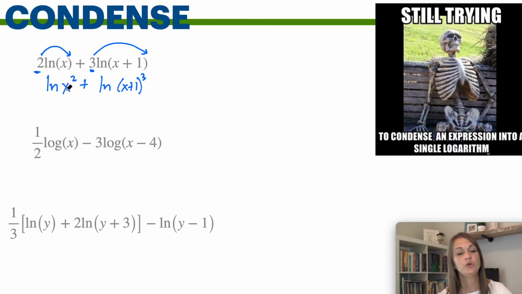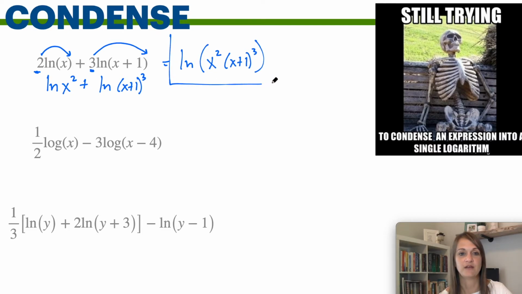Now, you have two natural logs added together, which means you can condense them by multiplying them together. And that would be your final answer. When you have two natural logs added, it means you can multiply the functions together.